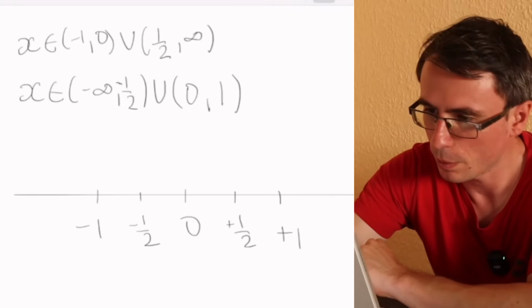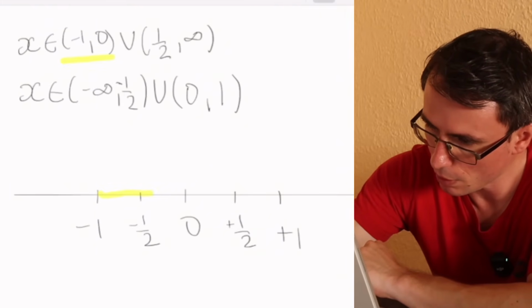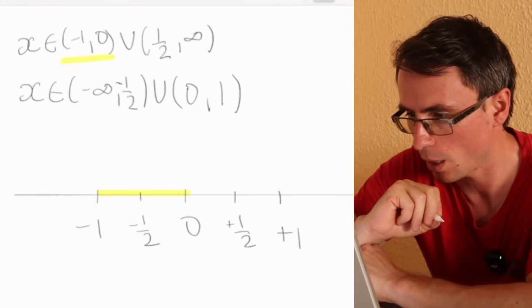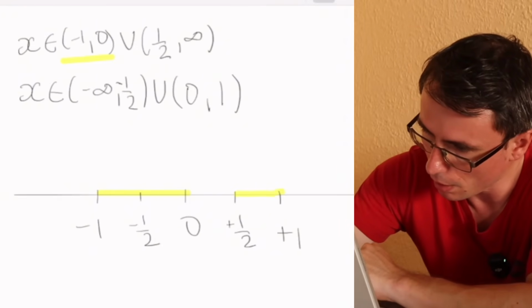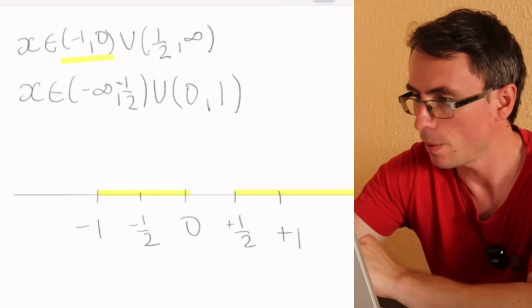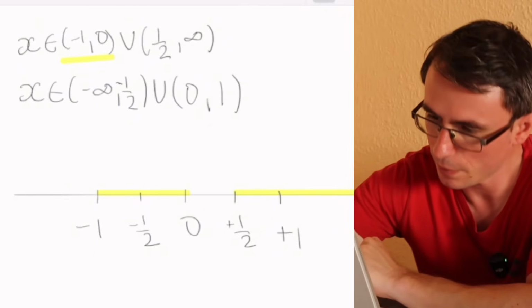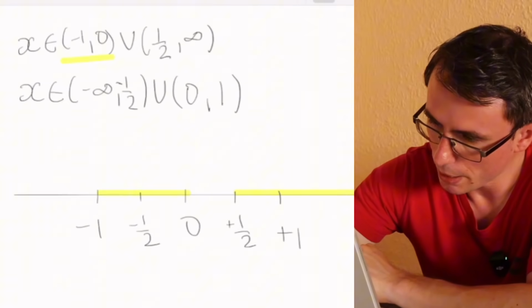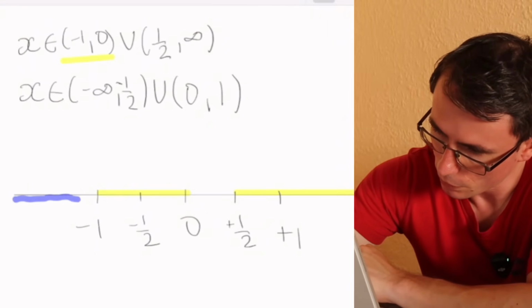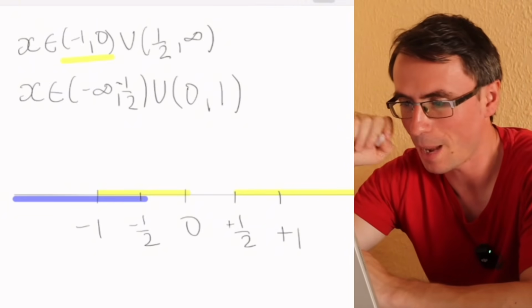First interval was from minus 1 to 0 across here, and then from a half pretty much onwards. Our second interval, let's use this color for that, is going to be from negative infinity to minus a half. So somewhere across here. We can already see some bits that actually overlap.